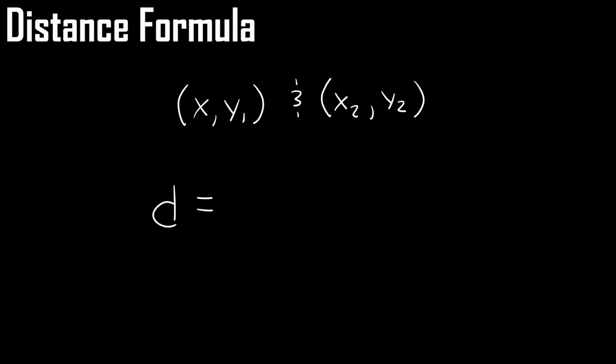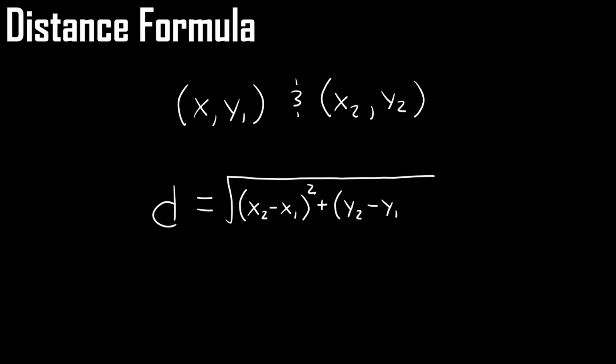Now let's find the distance between 2 points. The formula for the distance between points x1, y1, and x2, y2 is d equals the square root of x2 minus x1 squared plus y2 minus y1 squared.